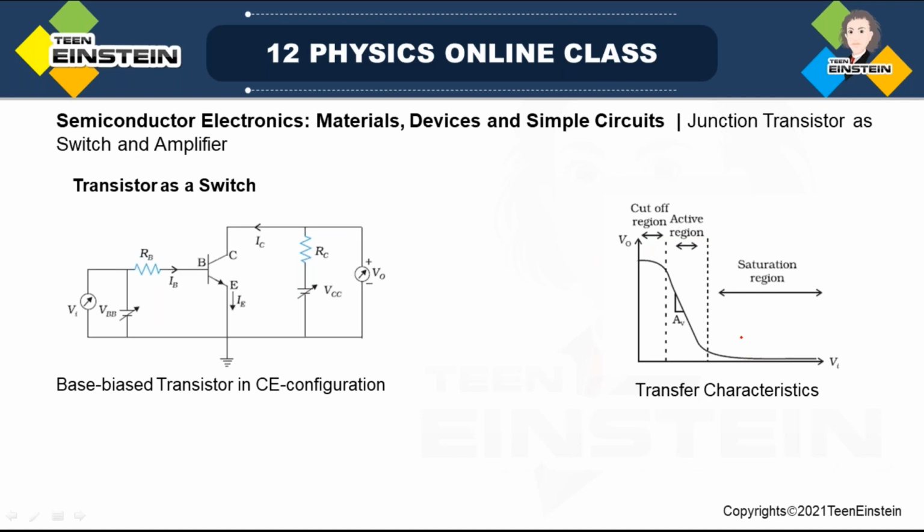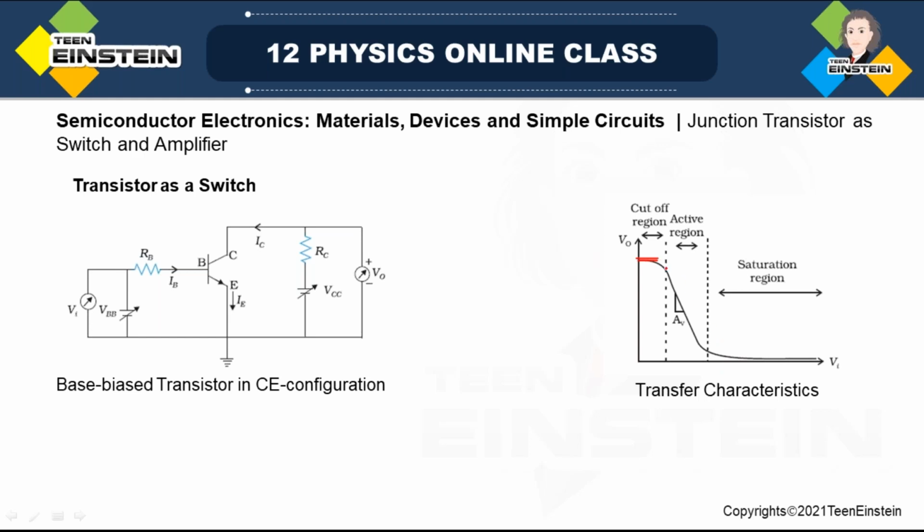After defining a certain value of voltage depending on your circuit, corresponding to the input voltage you get a certain output voltage. So in the cutoff region you can confine that as on or off, or similarly the saturation region you can use as on or off.